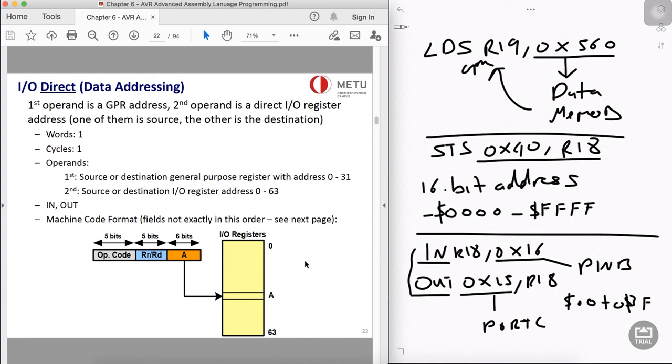Actually, we can use anything we want in here, but if you are using indirect addressing, it's really important in AVR because it uses a pointer, and it points to the three registers that we have got in AVR: register X, register Y, and register Z. And these are 16-bit registers, and they are allowing us to access the entire 65,536 bytes of data memory space in AVR. So let's open a new page.